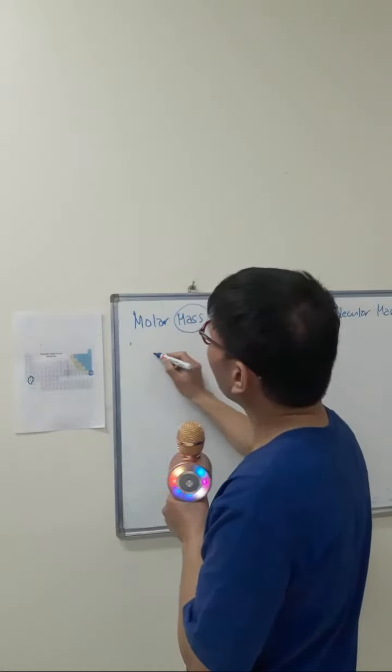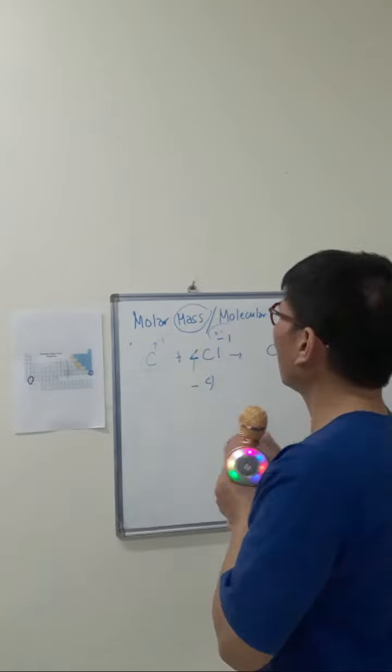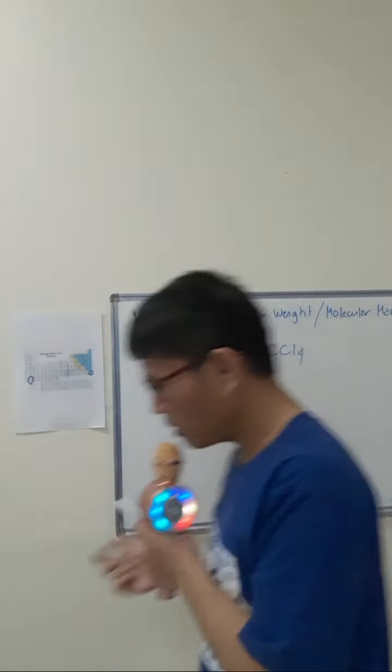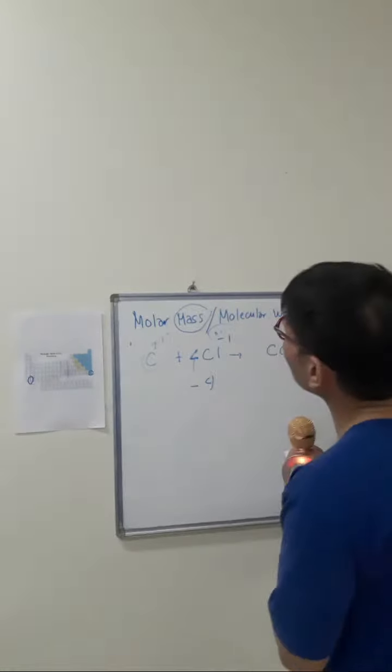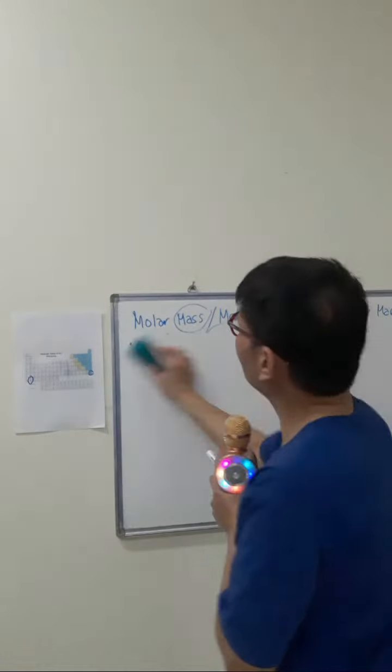So, balanced na siya: carbon tetrachloride. But you have to put the charges, negative 4 and positive 4 for the chlorine and the carbon. Okay, ganon siya guys. Carbon tetrachloride.